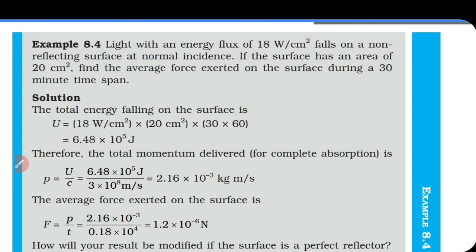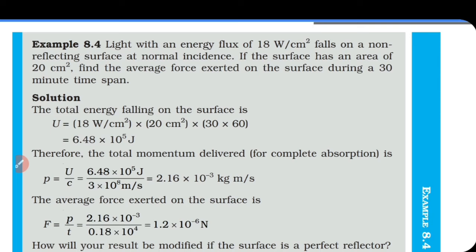And it is falling on a non-reflecting surface, which means complete absorption is taking place. So, when light falls on a surface, complete absorption, that is the meaning of the word non-reflecting surface. No light is getting reflected, the whole light is getting absorbed. You are asked to find the average force exerted on the surface during the 30-minute time span.